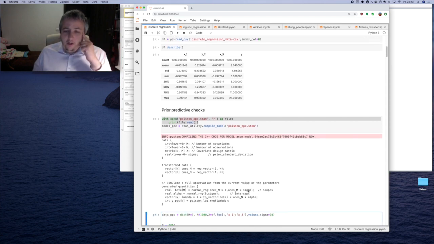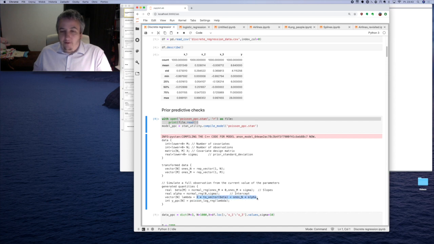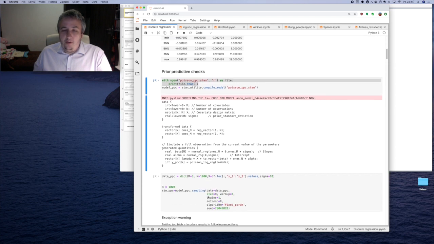We will be creating a function that will be using our lambda parameters for our data set, and these lambda parameters, which will be x times beta plus alpha. Here we have a vectorized function in order to improve the computation. We will be using a standard function Poisson log. Poisson log is a function with already built-in a link function.